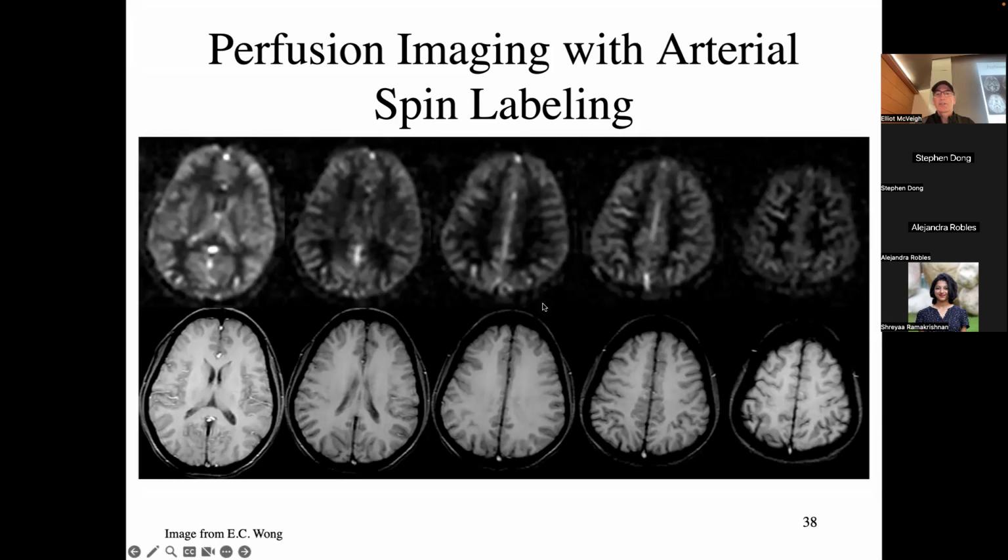And so if this person had some big defect right here, say, because a vessel was blocked and they had a stroke, then you would see a really big old dark spot right there, right? And so now I've got not only beautiful anatomical detail about what is what in here, I also have functional detail about how much blood flow is there in this voxel, right? So MR is amazing for that.